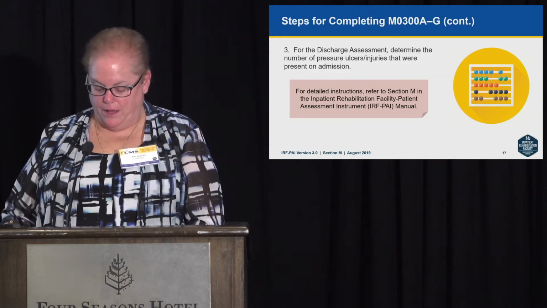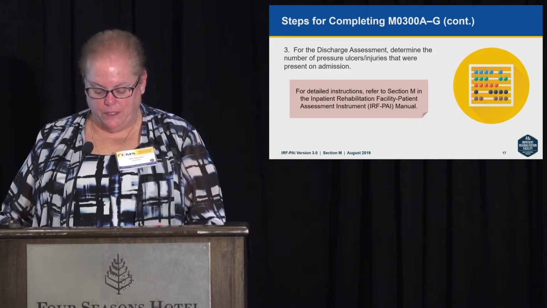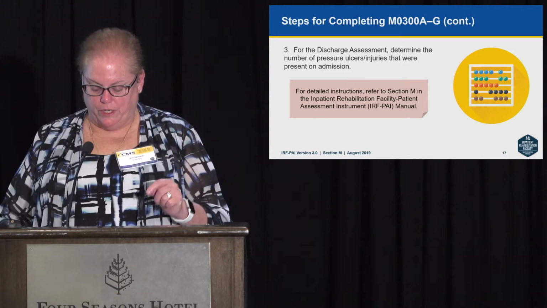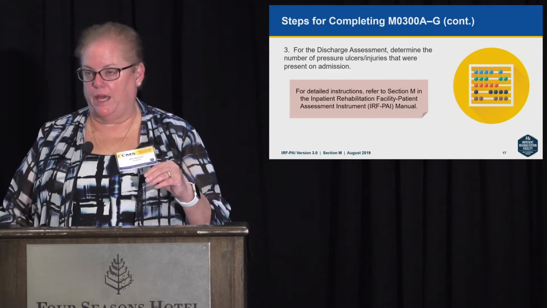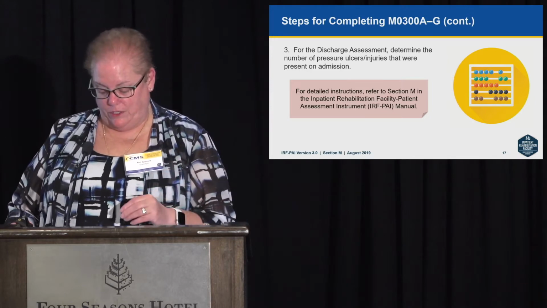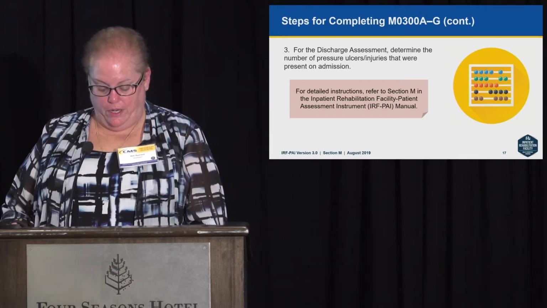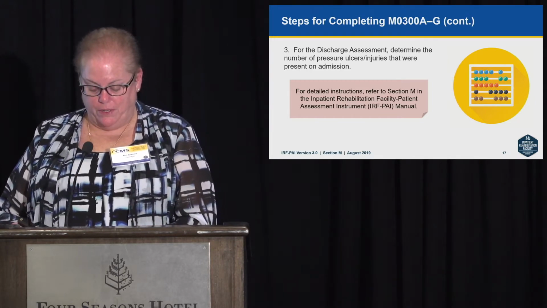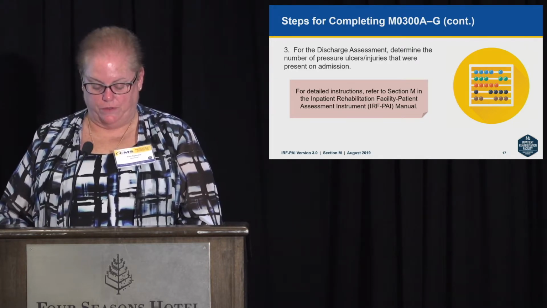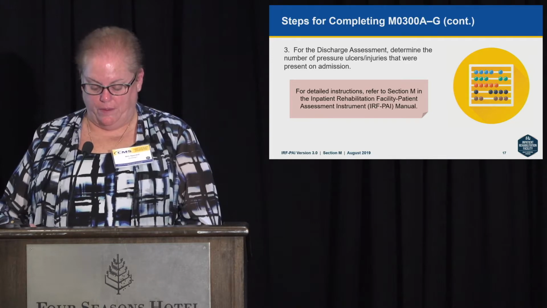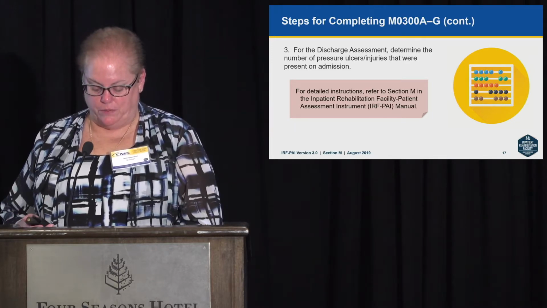So in this situation, the pressure ulcer is healed, it comes into you, you know that they had a healed, let's say stage 4 on the trochanter, and then it occurs at the same area and remains at discharge, it would be coded as observed at discharge, and would not be coded as present upon admission.